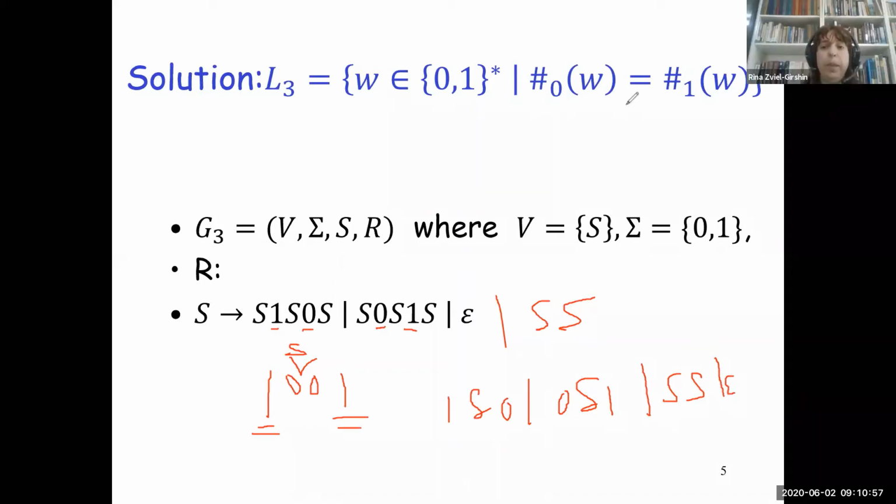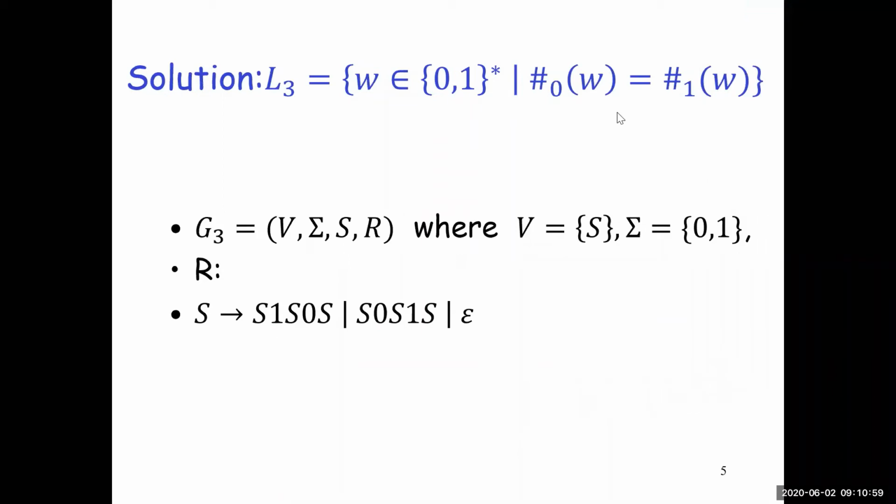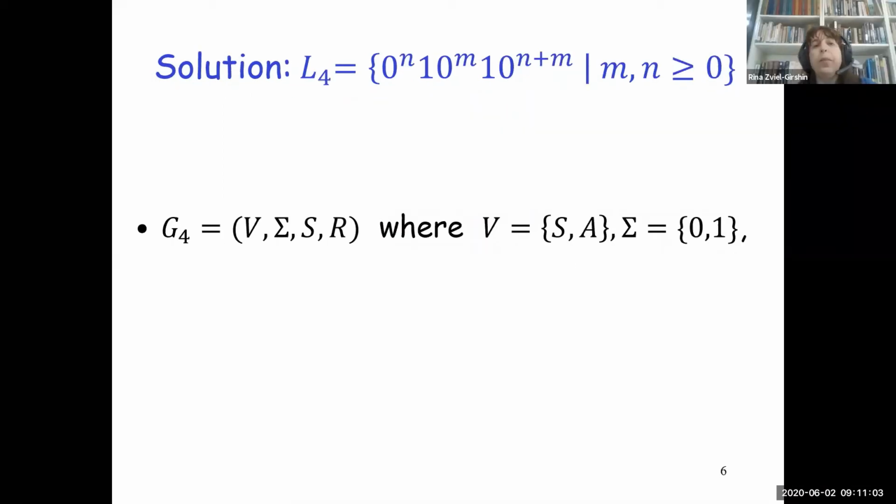Okay? Thanks. The next one is an additional language. We have the language L4 with 0 in power of n, 1, 0 in power of m, 1, 0 in power of n.